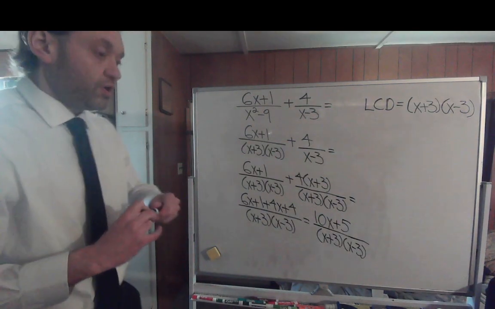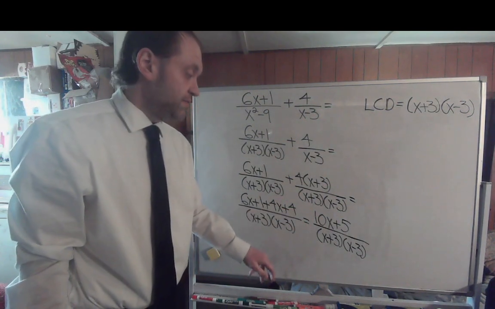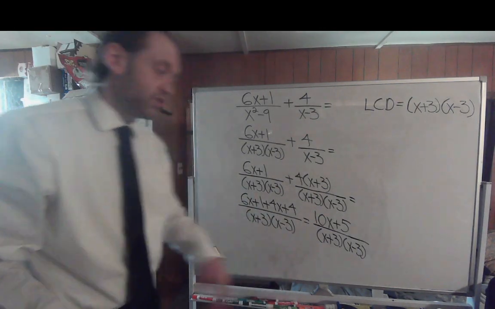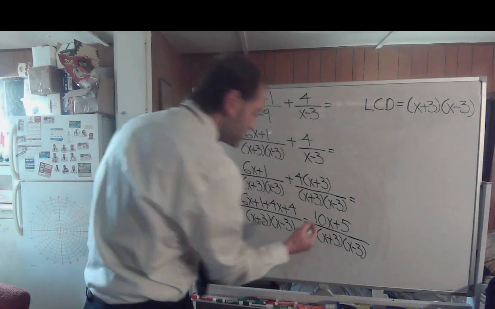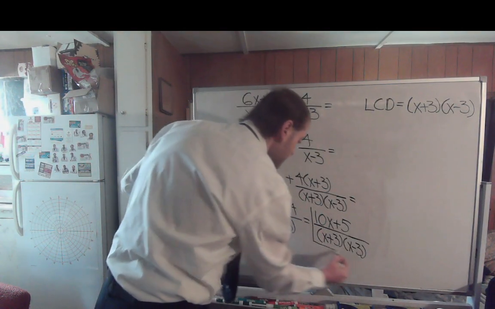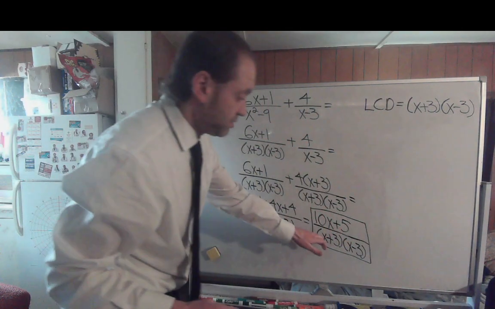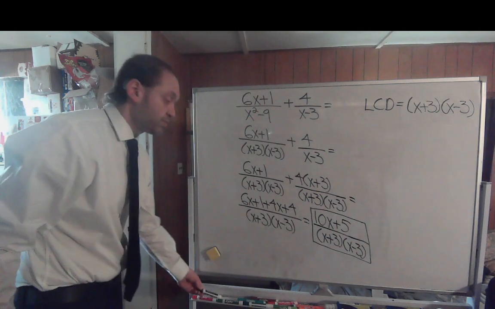And in your numerator, yes, you could factor out a common 5. You get 5 times 2x plus 1, but nothing that's going to cancel out with the denominator. So we might as well leave this alone. In the end, you should get 10x plus 5 over x plus 3 times x minus 3.